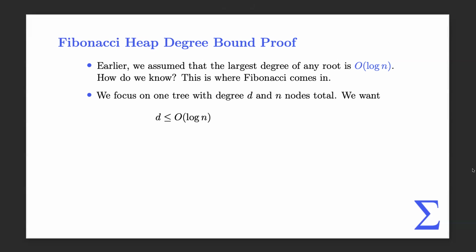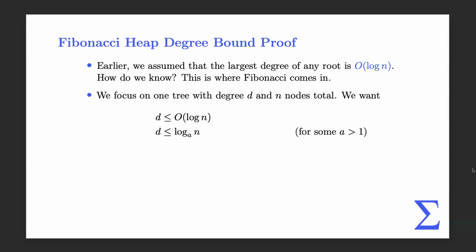So let's focus on one tree with degree d and n nodes in total, and we want to show that the degree is bounded by log n of the number of nodes in the tree. This is just algebra.